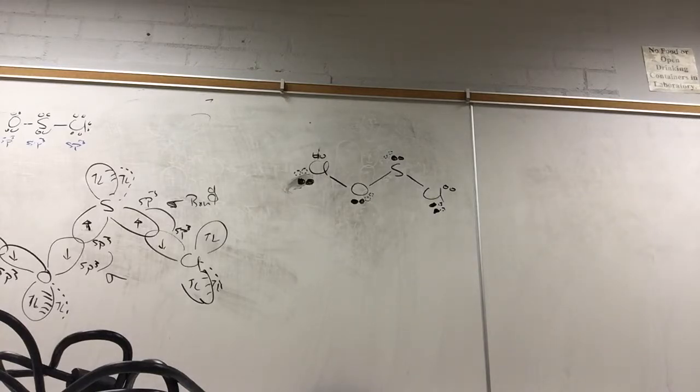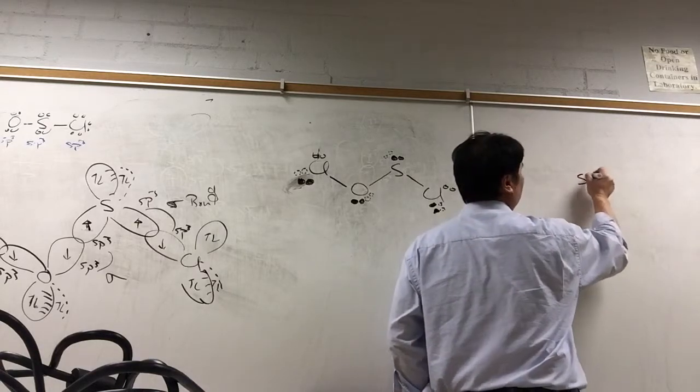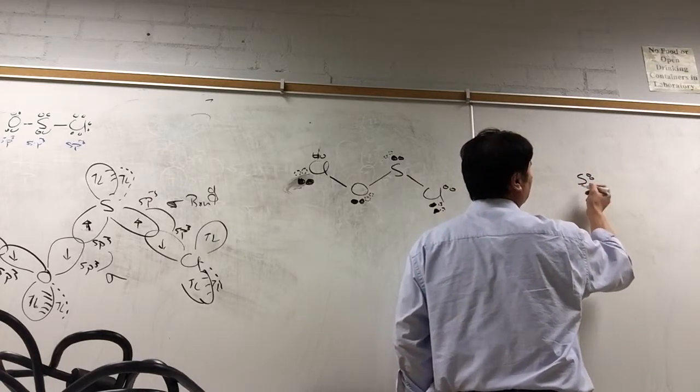Well, I have two choices. This is what we call an expanded octet. I would label this series 2. Series 1 is going to be the one with what we call an octet.